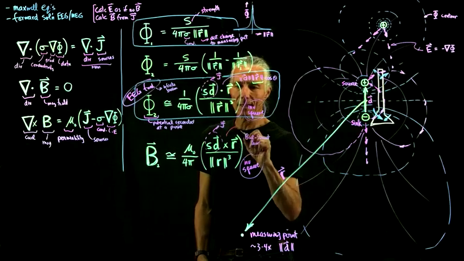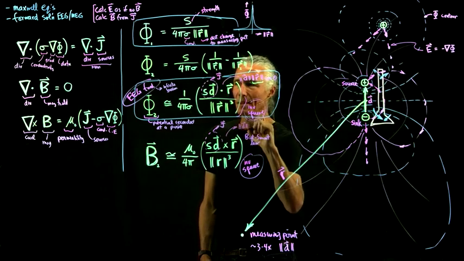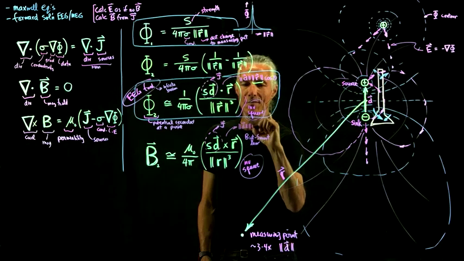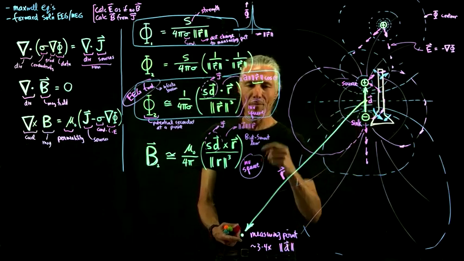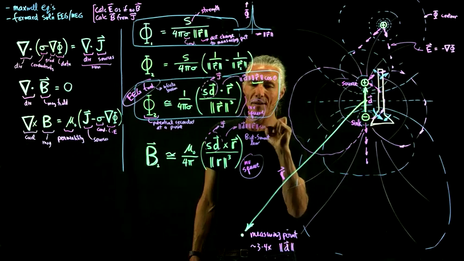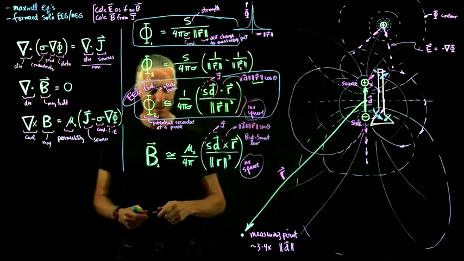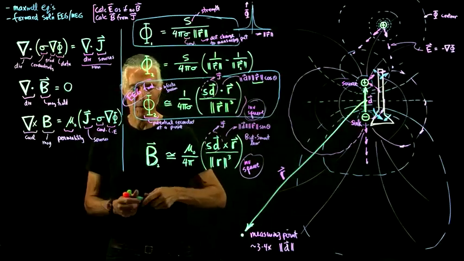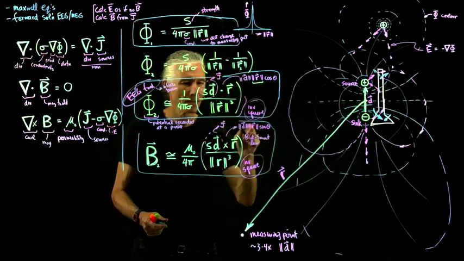This cross product, you could decant into the length of the dipole vector times the length of the vector from the dipole to the measuring point times the sine of the angle between them. So it's basically sine and cosine. So that's the MEG forward solution in the infinite case, which of course we have to correct. That's the MEG.